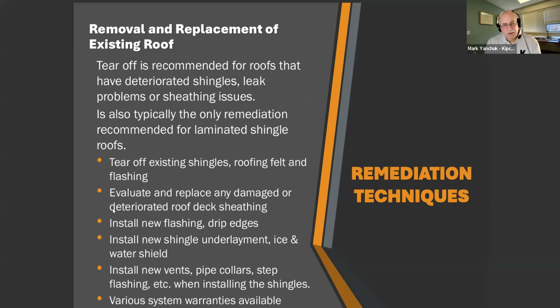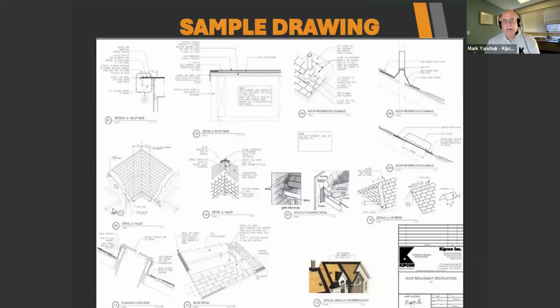And then you start new, and you put in your ice and water shield, your flashings, your underlayments, and then all new accessories: your pipe boots, the collars around your pipes, new terminations on your exhaust, and a new shingle system. This is just an example of some of the details that might be incorporated into a roof specification.